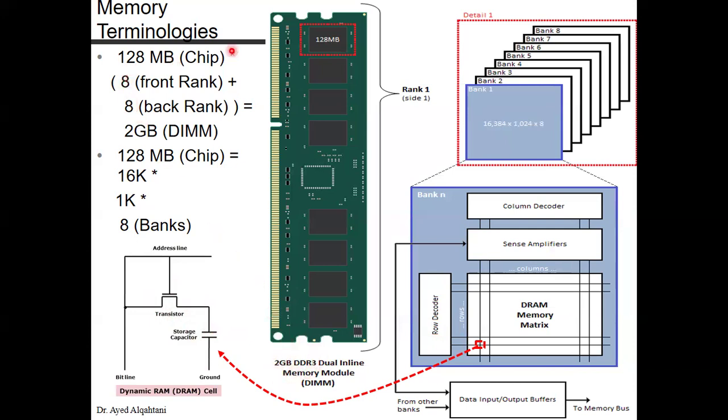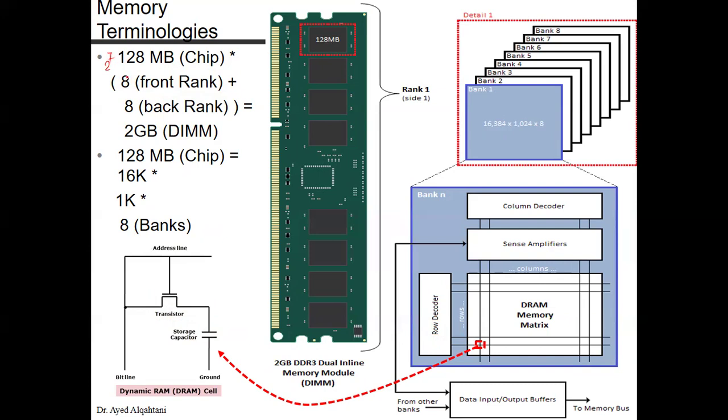As we said, this chip is a 128 megabyte chip, and we have 8 in the front rank plus 8 in the back rank. So in total we have a 2 gigabyte DIMM, and you can get this result by saying that 128 is 2 to the power of 7.